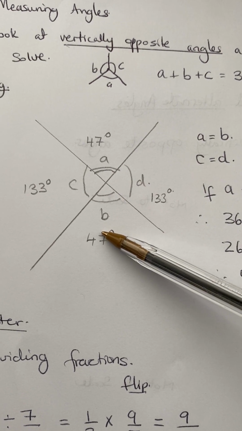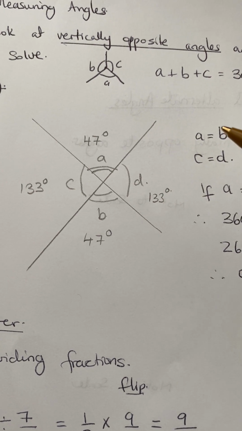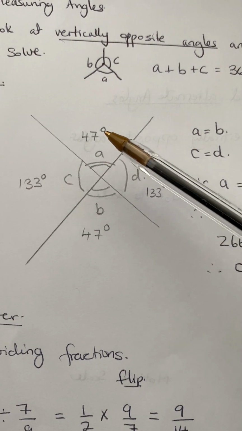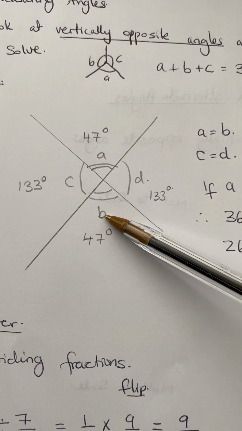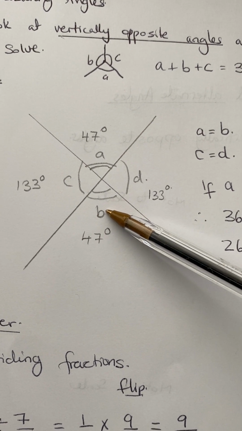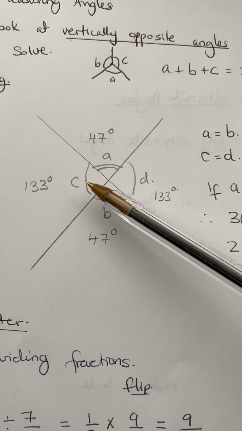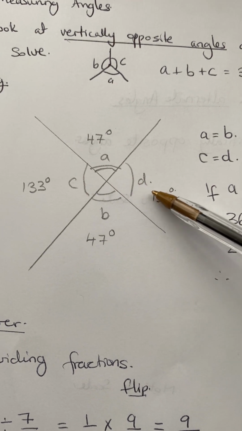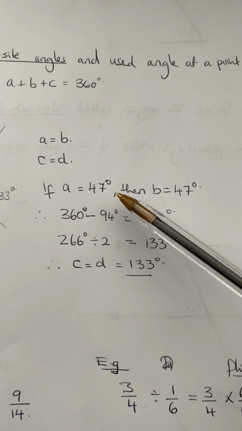So 147 add 133 should be equal to 180. So if you know A, you can find B. You can use B to find D, and then because D and C are equal, you can find that. So this is what we did yesterday.